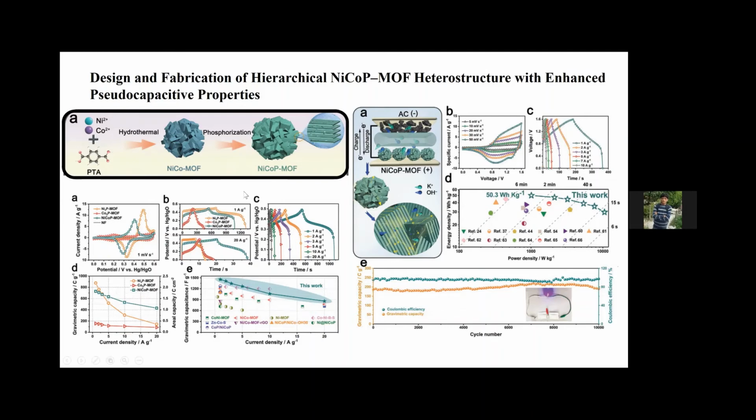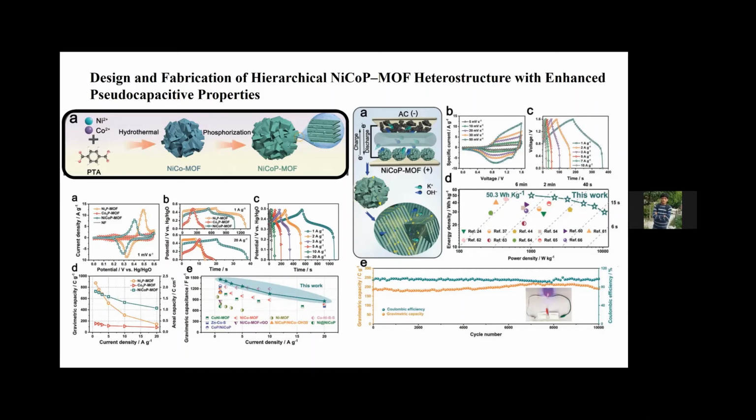In the 3 electrode cells, they use nickel phosphide, cobalt phosphide and nickel cobalt phosphide to check the morphology and all these things. First of all, to make any devices, the individual electrode performance is important.